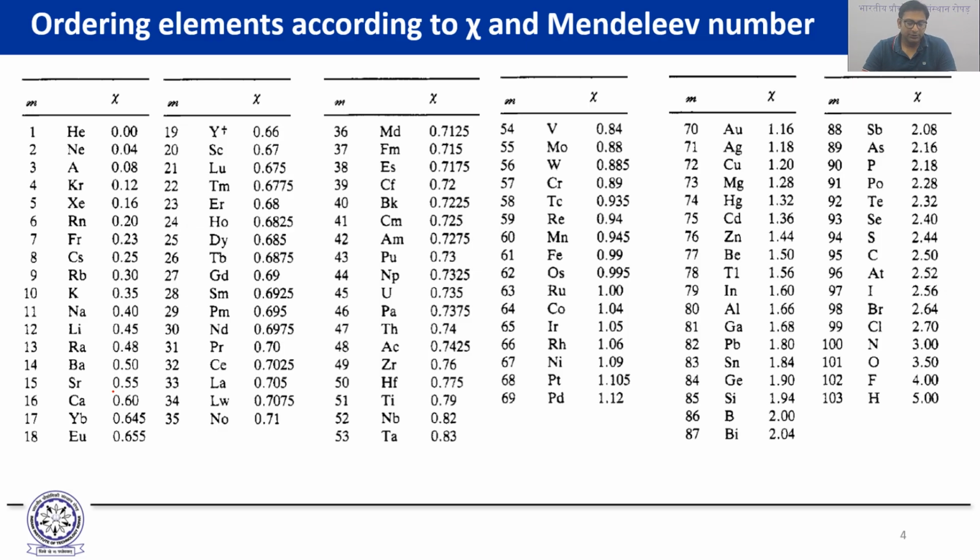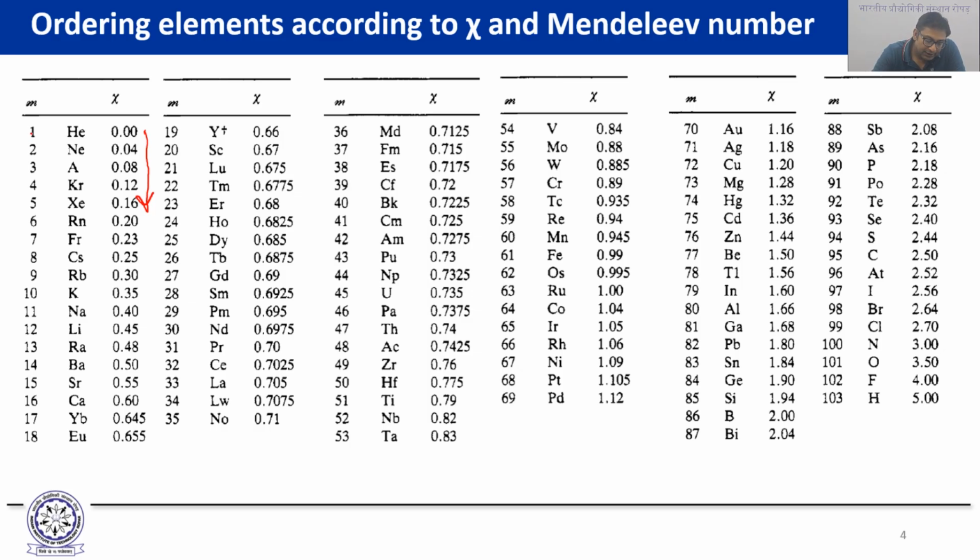So just to give you some idea, let me just show the arrangement of the elements themselves. You start with helium, and for helium the Pauling electronegativity is 0, and then as you go down, the electronegativity is going to increase until you come all the way to the halogens, the oxygen and halogen, where the electronegativity is going to be very high.